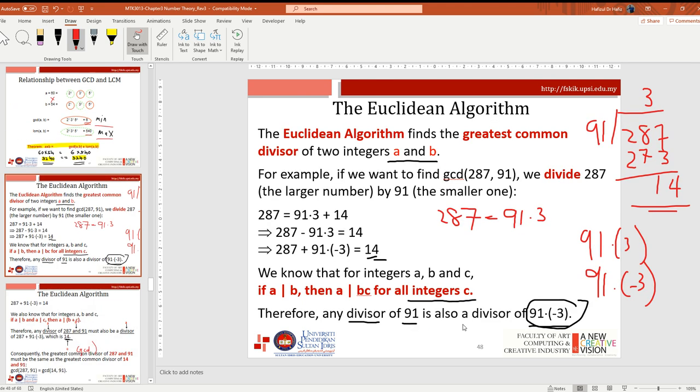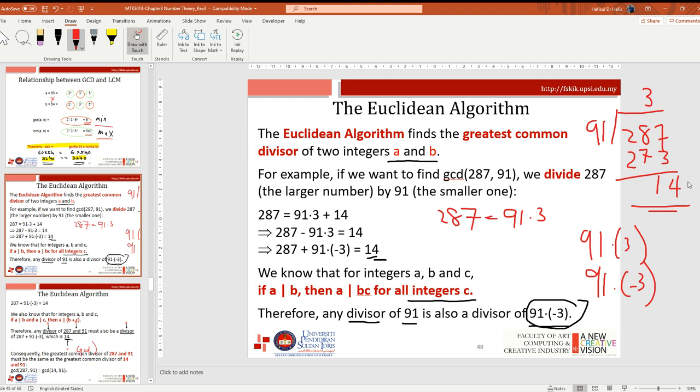So the Euclidean algorithm is to find the greatest common divisor of two integers a and b. If you want to find the GCD of 287 and 91, we divide 287, the larger number, by 91, the smaller one. We got 91 multiplied by 3, and the remainder is 14.